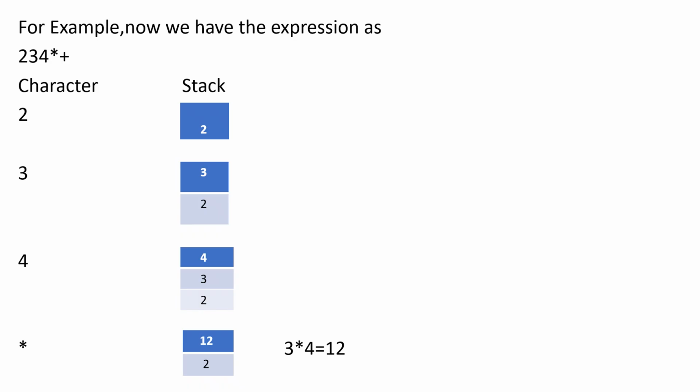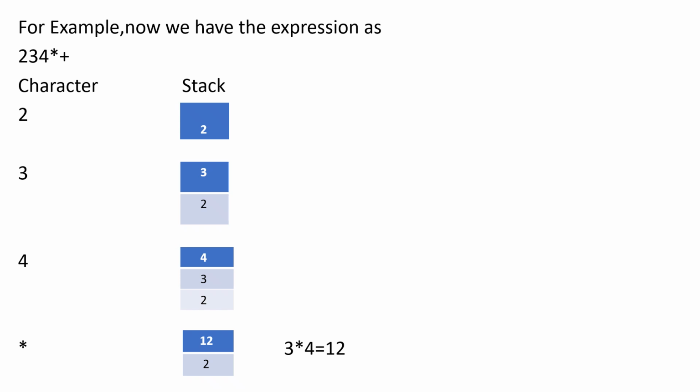Next, the operator will be read by the compiler. Here the operator is a star operator. In case of an operator, we have to pop the topmost two operands from the stack, perform some operation, and the result will be pushed back into the stack. Here the topmost two operands are 4 and 3.